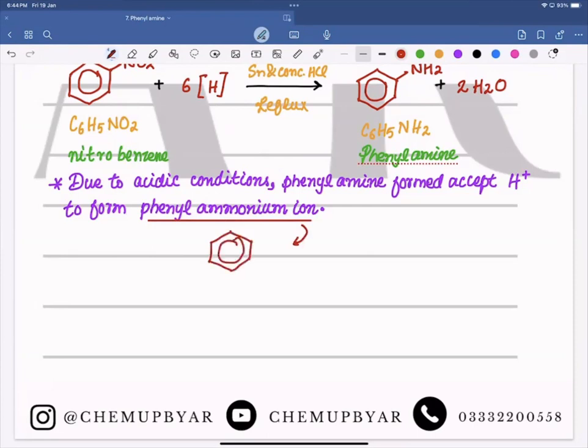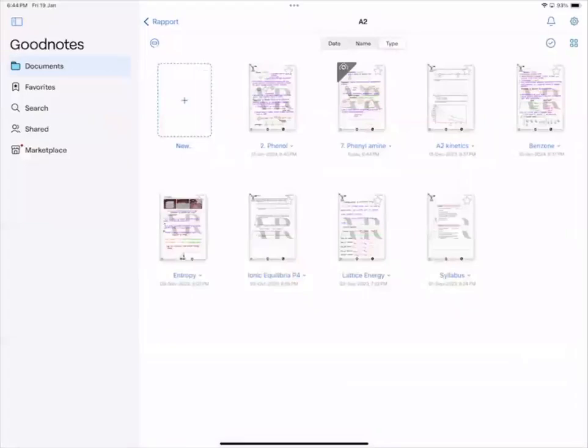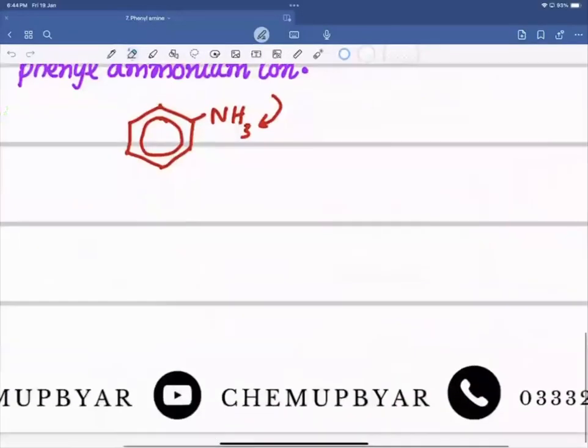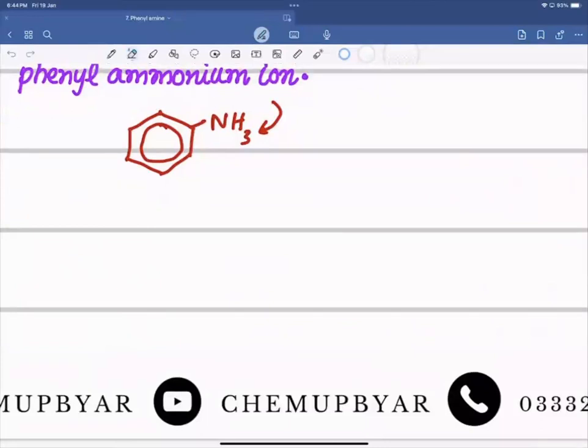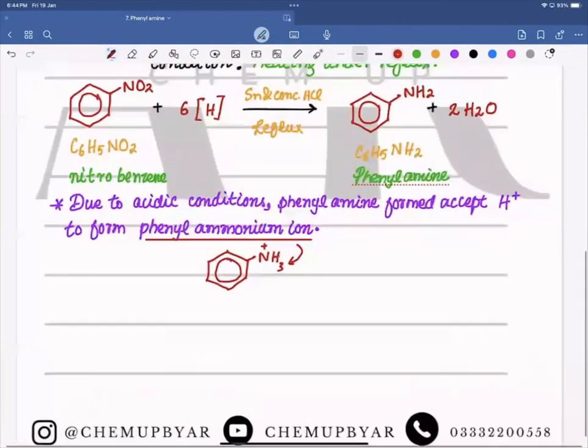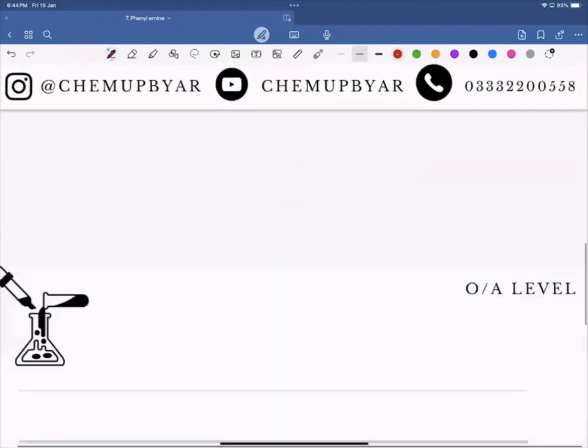This is the phenylammonium ion because amine is, we know, basic, right? And a base accepts the hydrogen ion. Nitrogen has a lone pair, due to which it accepts hydrogen. Okay, is this understandable to all of you?